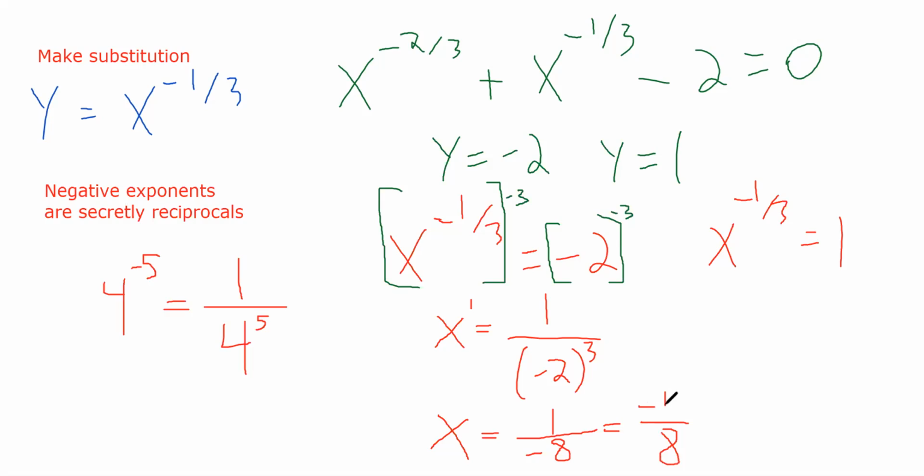And it's negative not because we dealt with a negative power, but because the 2 happened to be negative. That's what made the final answer -1/8. So -1/8 is going to be one of our potential solutions.